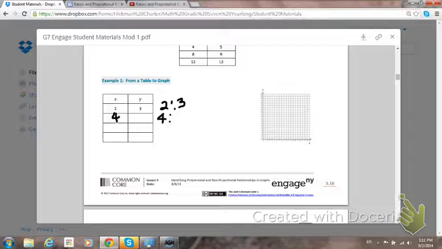Hopefully we're getting this now, because when we go from 2 to 4, that is times 2. So we would do the same for the other side. So 3 times 2 would be 6. So we would get $6. And if we did 8, we would therefore have 12, the same proportion.